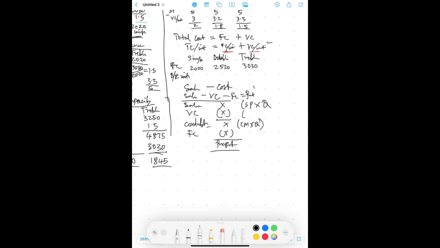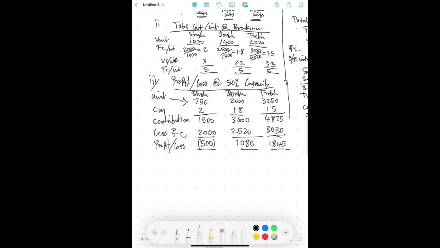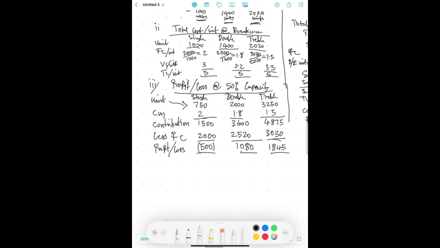Total variable cost is made up of variable cost for one unit times number of units, represented by Q. Just know this income statement because everything plays around this in your cost-volume-profit analysis. Probably in the next video, we'll solve more questions on CVP analysis. Thank you.